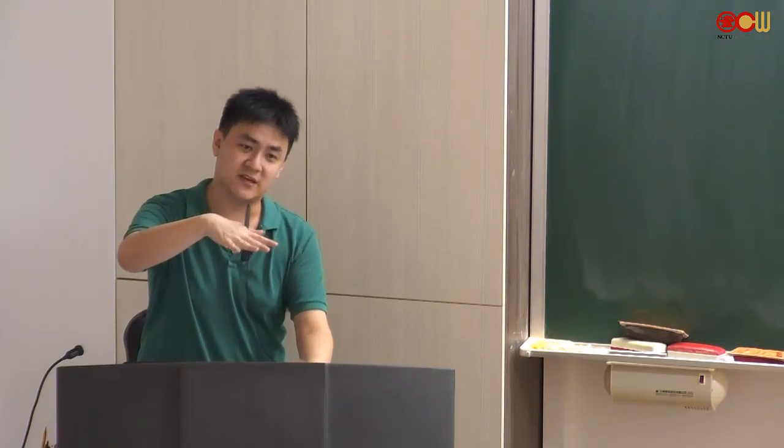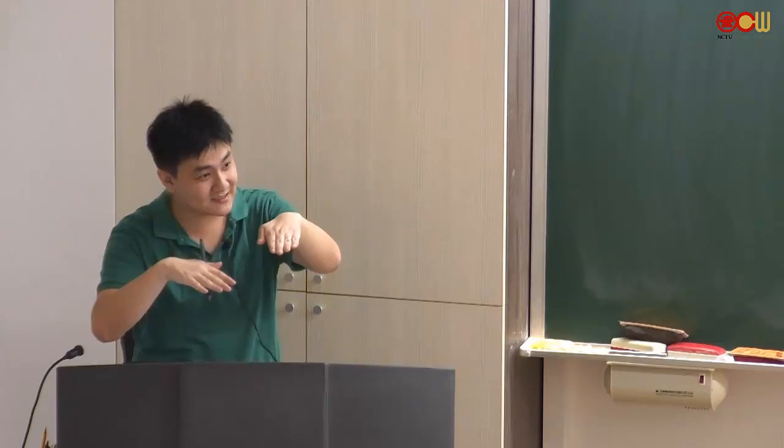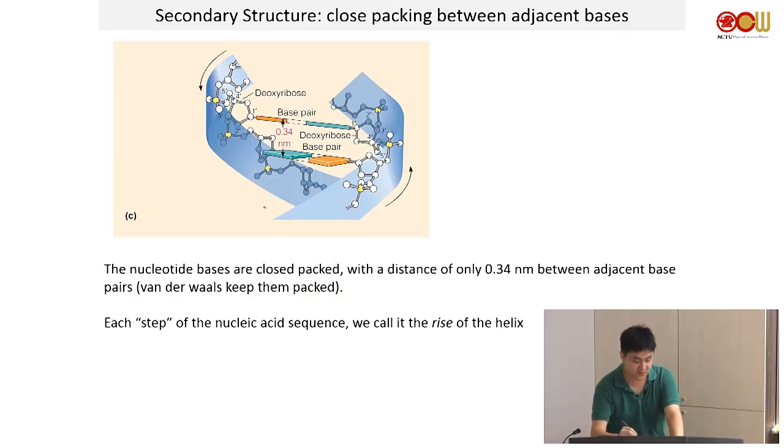Each base, if you were to look at it, is kind of flat. The bases are conjugated, so there are a bunch of pi electrons there, and the base is flat in chemical structure. Because the bases are flat, there are van der Waals interactions between them, so the bases pack very tightly together and there's no water inside.